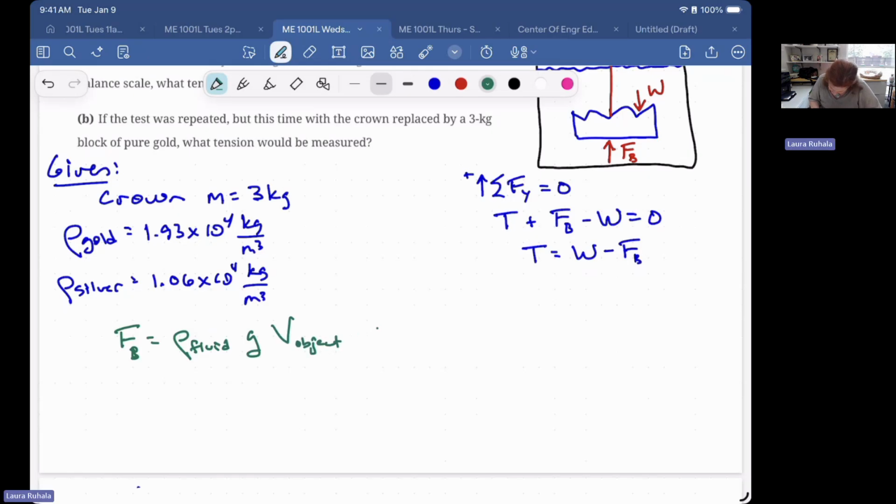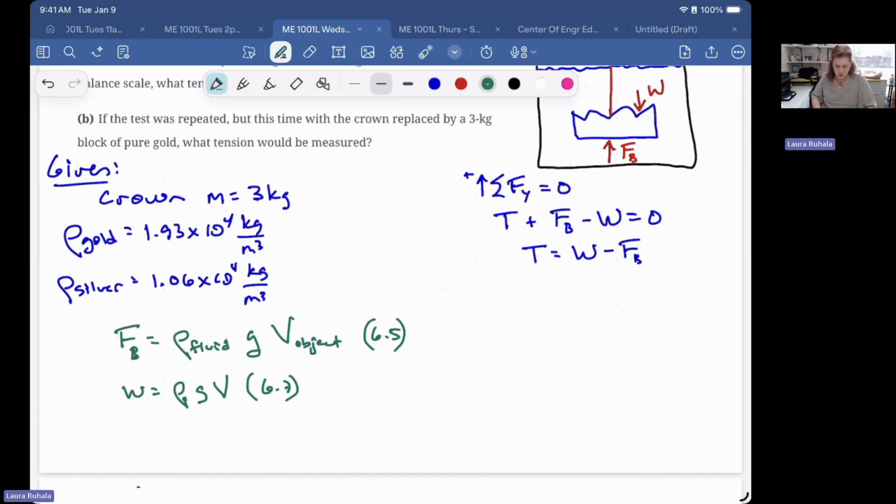This is equation 6.5. And also, let's just put in here that we know that the weight is equal to the density times gravity times volume. And this is equation 6.3.